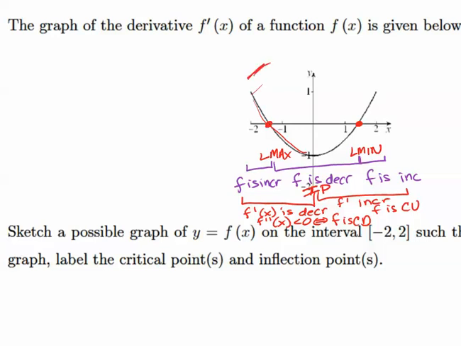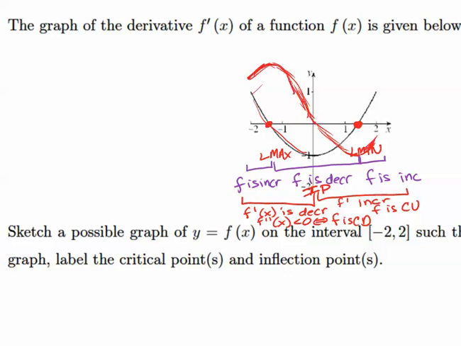For example, if I started up here, f is increasing, and then f is decreasing, concave down all the way till we get here. And then it's still decreasing, but concave down. And then here we have our horizontal tangent, and then it's going to increase again.